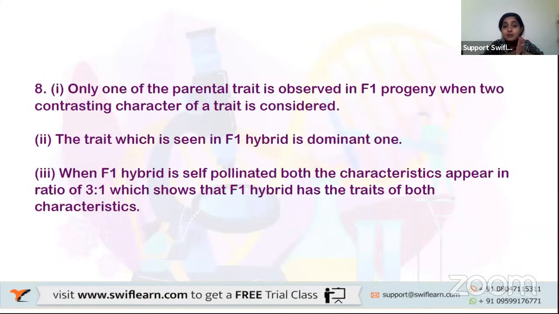Now, only one of the parental traits is observed in the F1 progeny when two contrasting characteristics of a trait are considered. The trait which is seen in the F1 hybrid is the dominant one. When the F1 hybrid is self-pollinated, both the characteristics appear in a ratio of 3:1, which shows that the F1 hybrid has the trait of both characteristics.